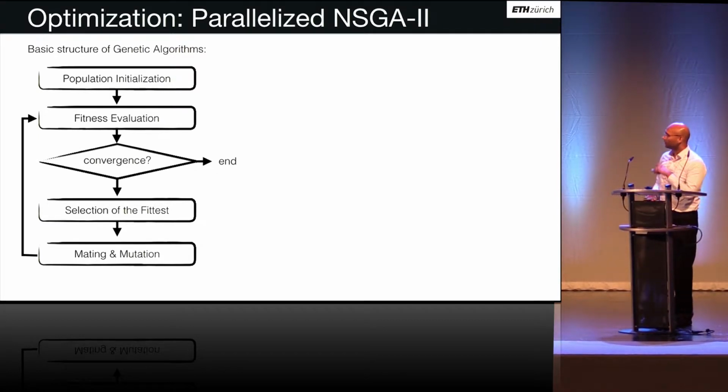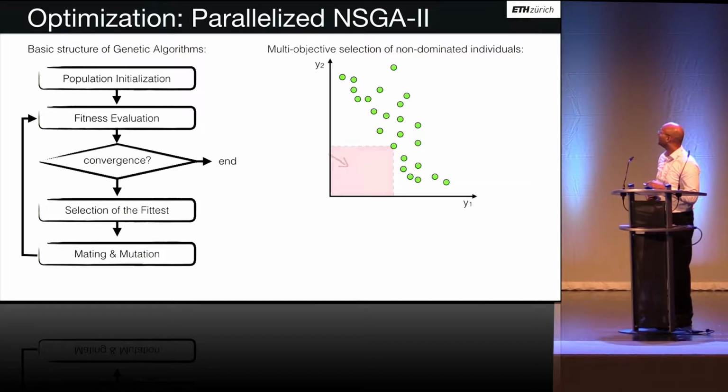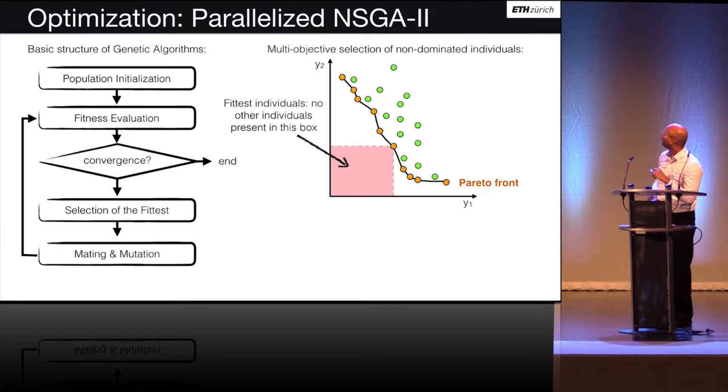Another important thing for multi-objective optimization is the Pareto front. Let me explain what that means. If all of this represents the initial population, the orange individuals represent the best among that population, because these are the objectives.